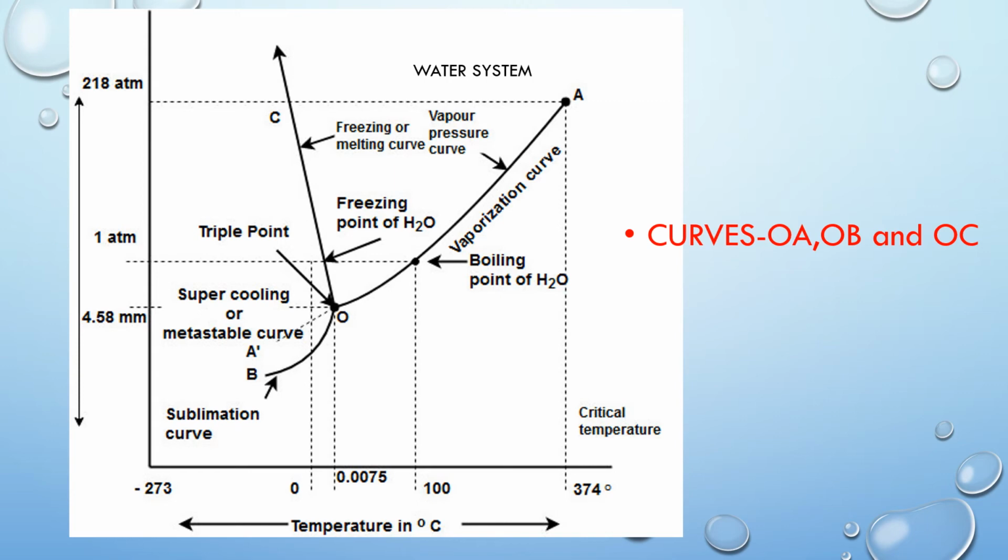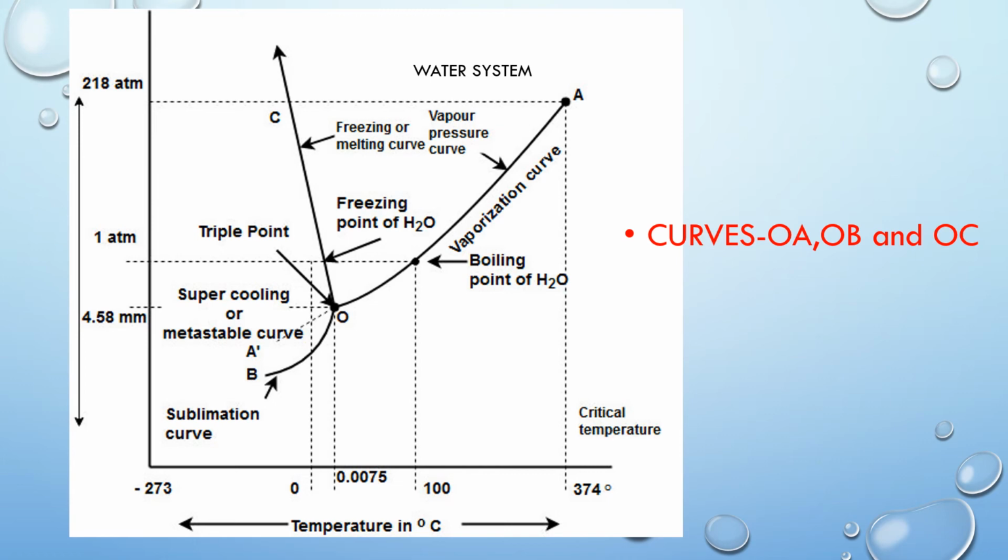The curve OC represents the equilibrium between ice and water. It is called fusion curve of ice, or in other words freezing point or melting point curve of water. It shows how the freezing temperature of water or melting temperature of ice varies with pressure, so that the two phases remain in equilibrium.